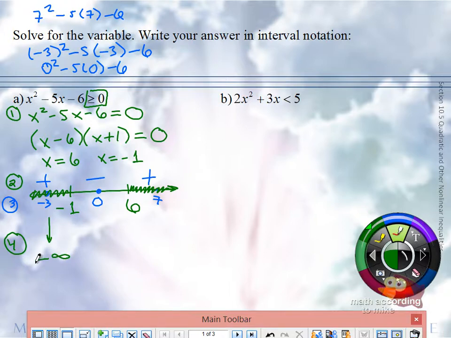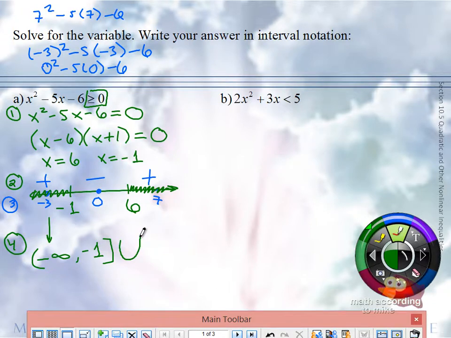Negative infinity gets a bracket or parenthesis. Comma, how far right does that section go? Negative 1. Now, included. Since our inequality is non-strict, it has an equal sign, we include the negative 1. But our answer is disjoint, so union.